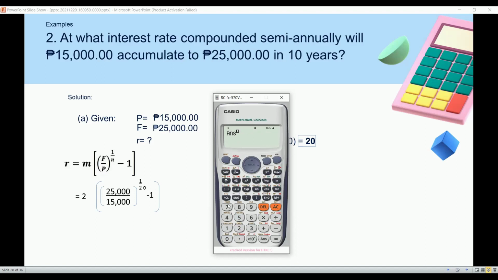Raise natin sa 1 over 20. Then minus natin sa 1. Then i-times natin sa 2. So ito na yung ating R.